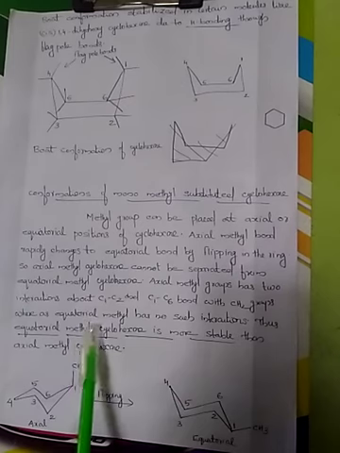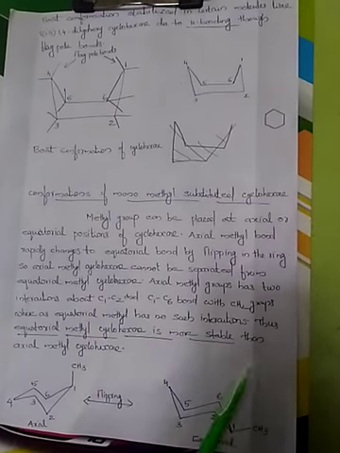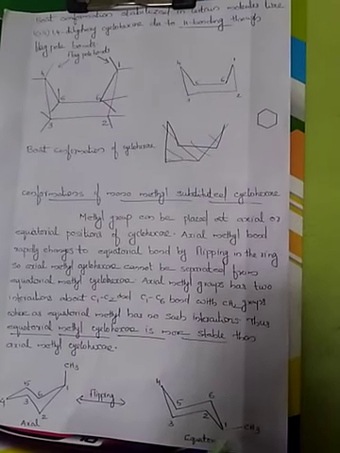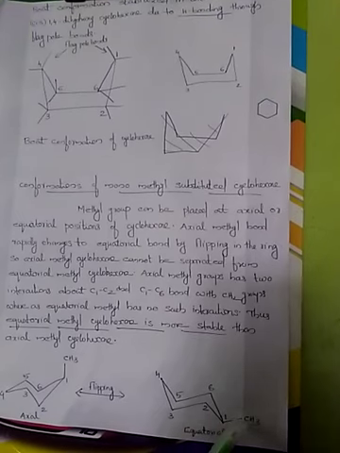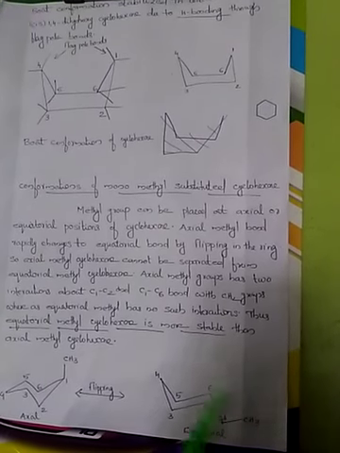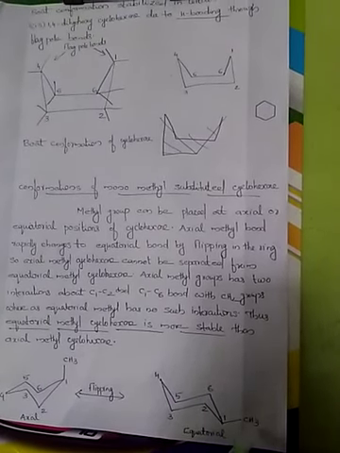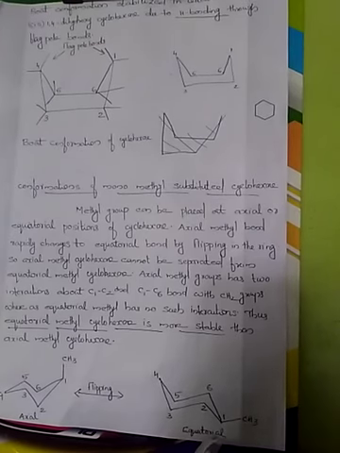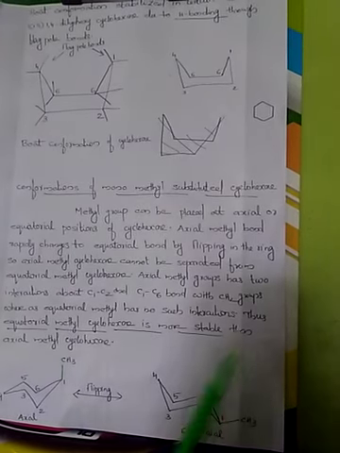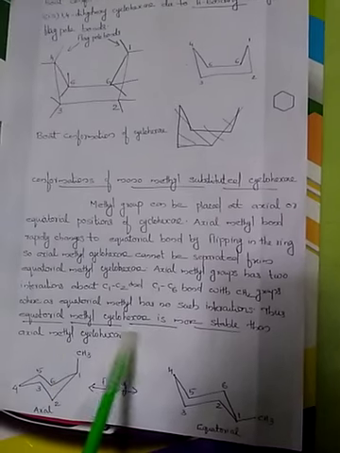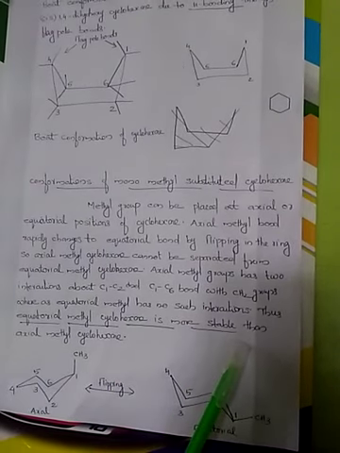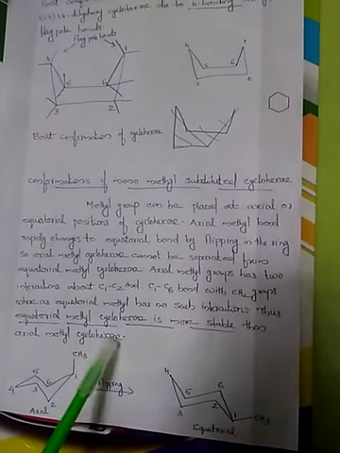Whereas equatorial methyl has no such interaction. Here you see, this is the equatorial methyl group. There is no such interaction you can see when this methyl group comes in the equatorial position. Thus, equatorial methyl cyclohexane is more stable than axial methyl cyclohexane.